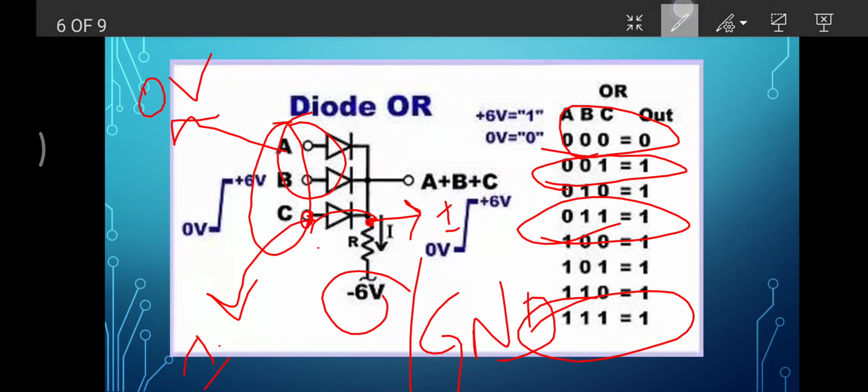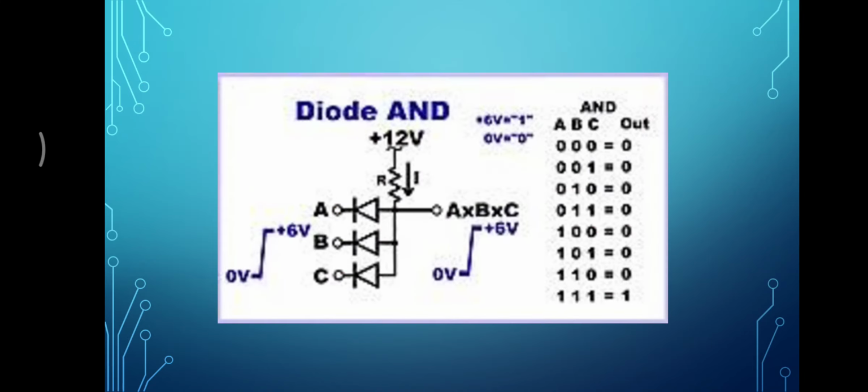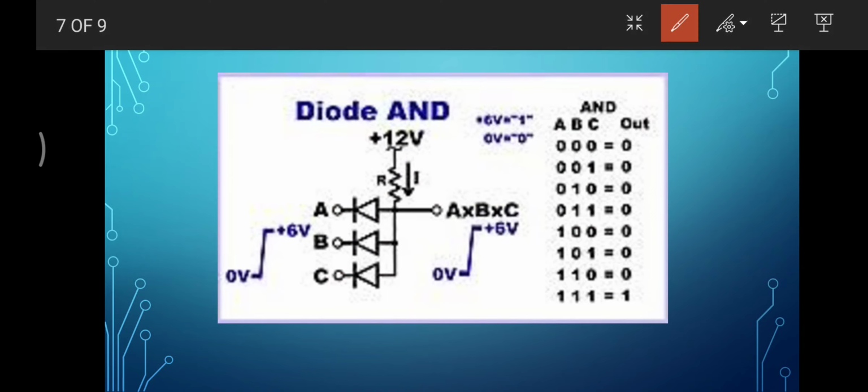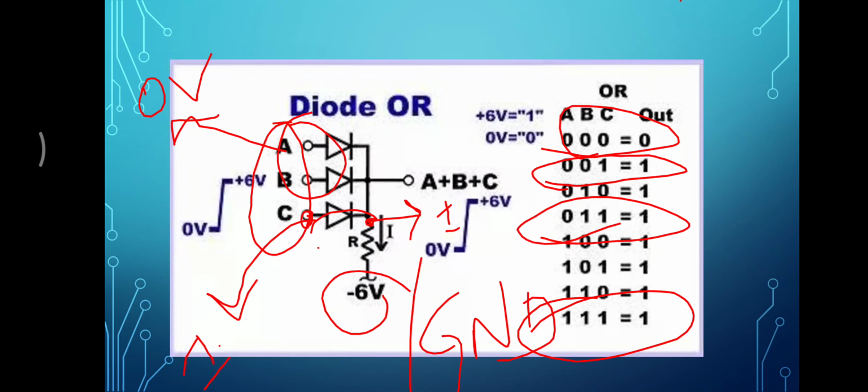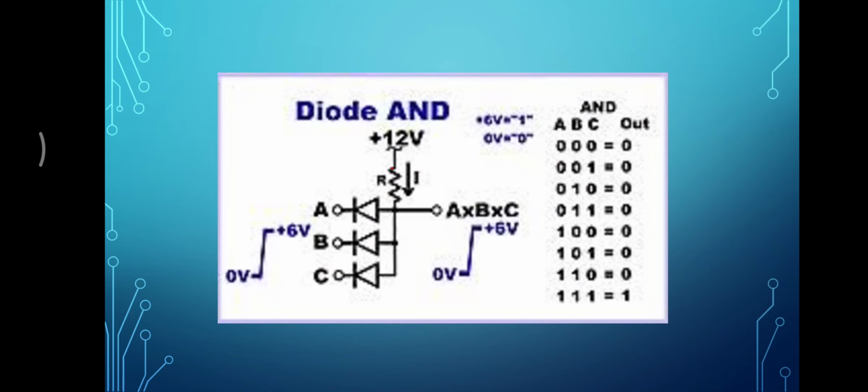Similar is the impact when you connect diodes for an AND gate. The only difference is that you connect the voltage source with the diode anode. Here we connected the negative supply. In the OR gate we connect the cathode of the diode with the negative side of the supply, and in the AND gate we connect the anode with the positive end of the supply, and we give the signal at the cathode.